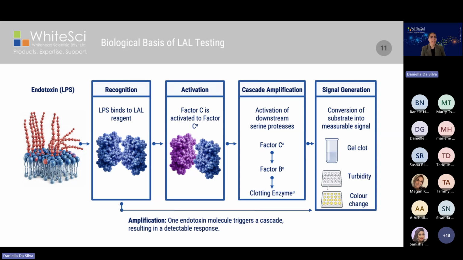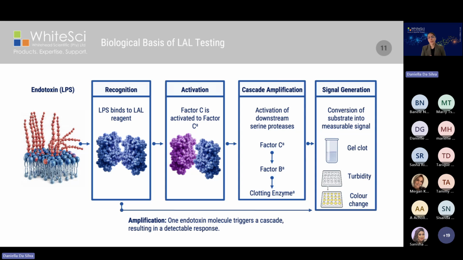Once factor C is activated, it activates factor B, which then activates downstream clotting enzymes. These enzymes generate a measurable response, whether that's clot formation, an increase in turbidity, color development, or even a fluorescence signal, depending on the assay format used.